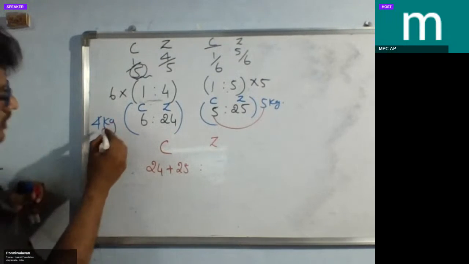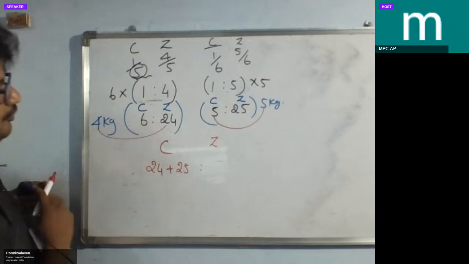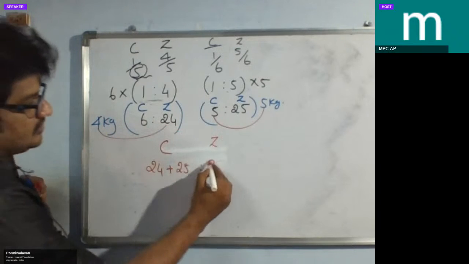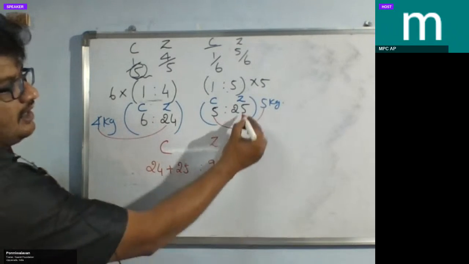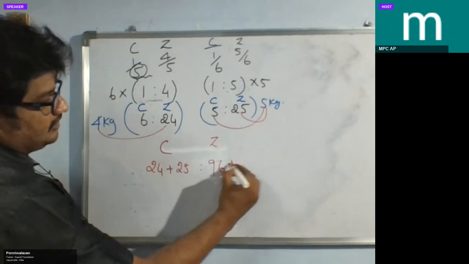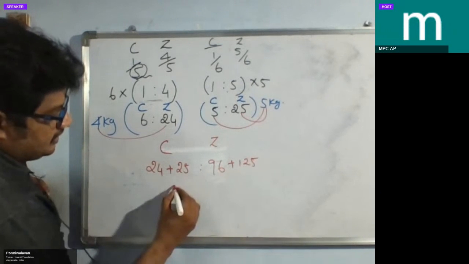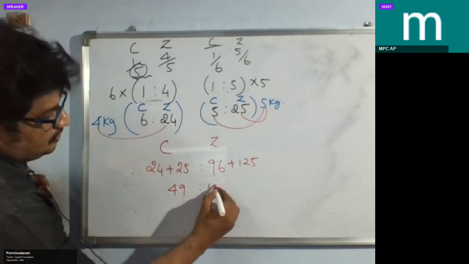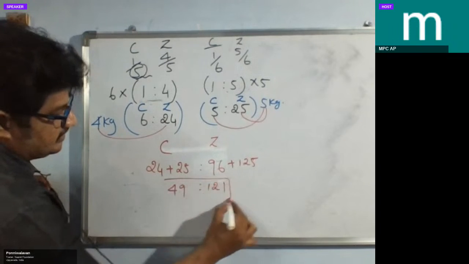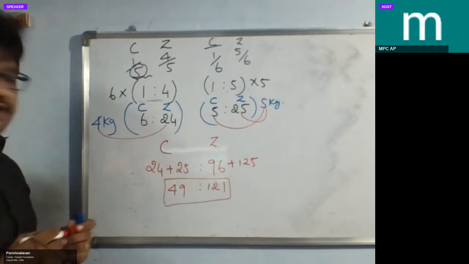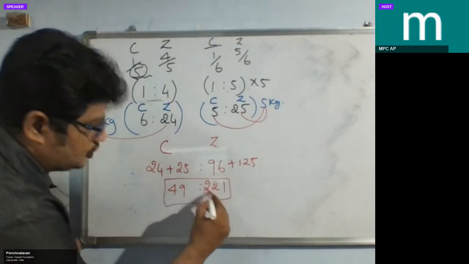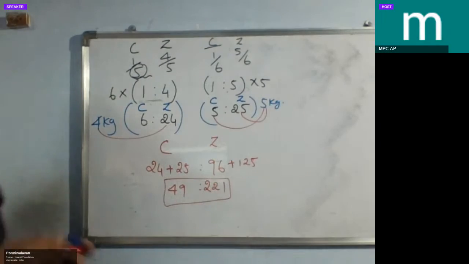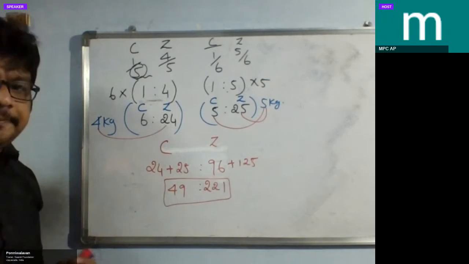Zinc: 4 into 24 is 96, and 5 into 25 is 125. Copper is 49, zinc is 221. So 49 is to 221.